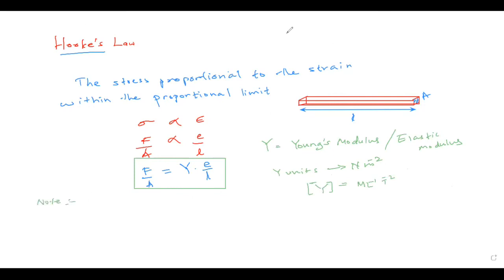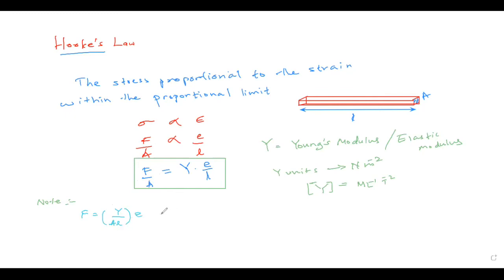If I consider this material, the cross-sectional area is a constant, L is a constant, Young's modulus is a constant for the given material. So I can write F equals Y A over L times E.